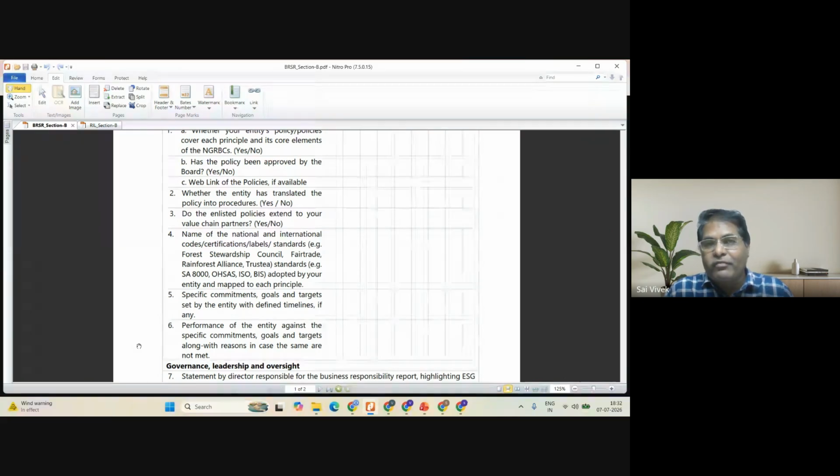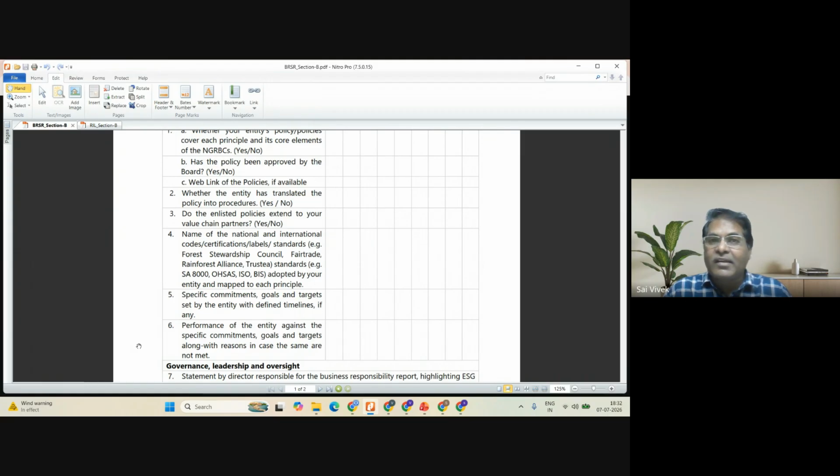We measure the performance. Are the targets actually being performed? Is it actually being done? To what extent is it done? By what percentage has it been done? So performance of the entity against specific commitments. The fifth question is about setting the goals.